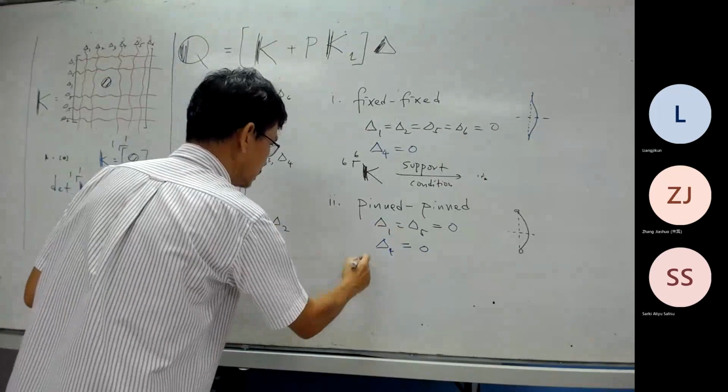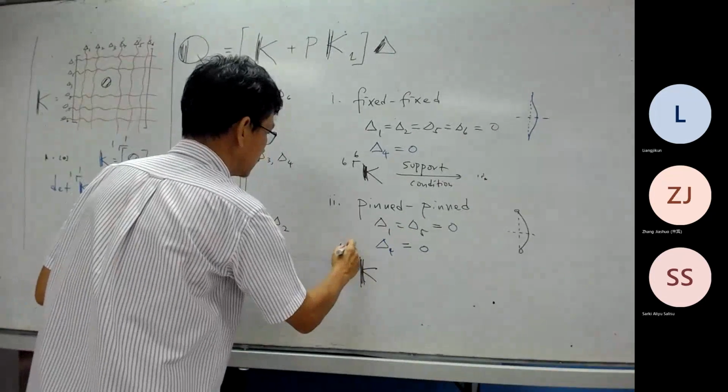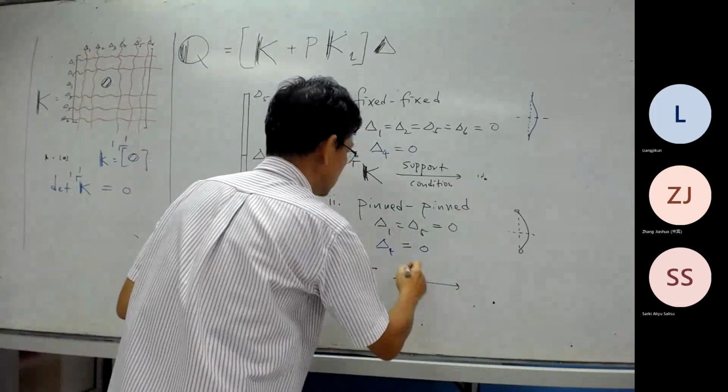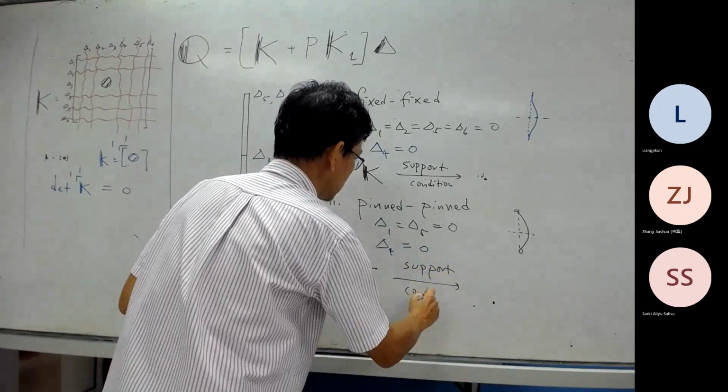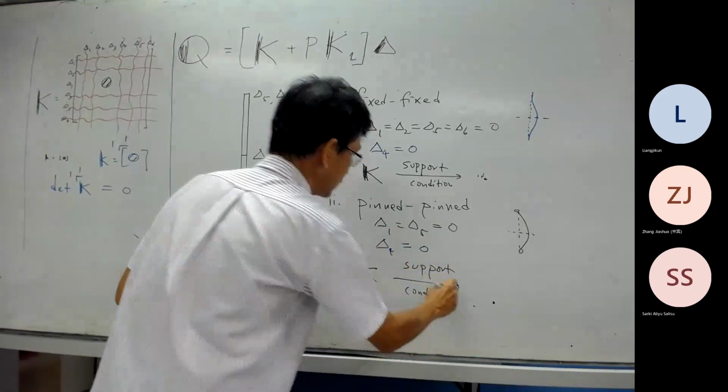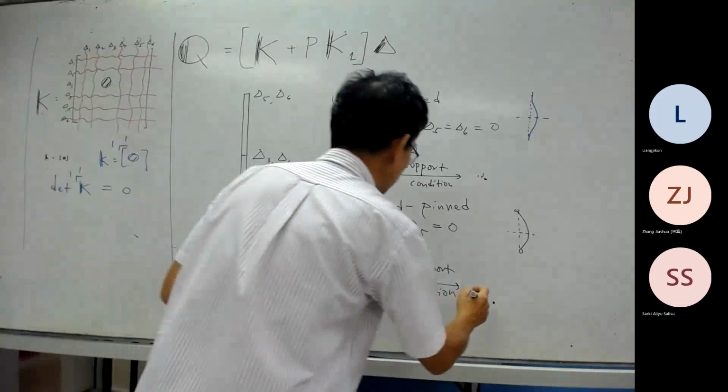So the big K here, 6 by 6, if you consider the support conditions, it will become 3 by 3.